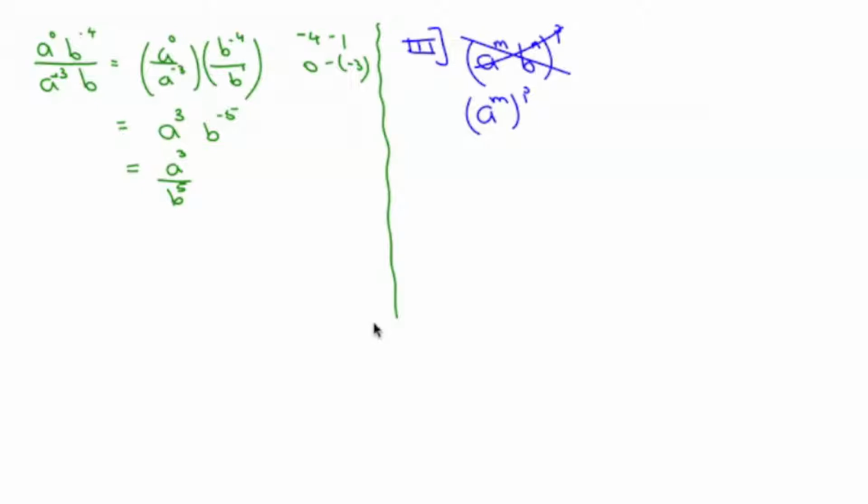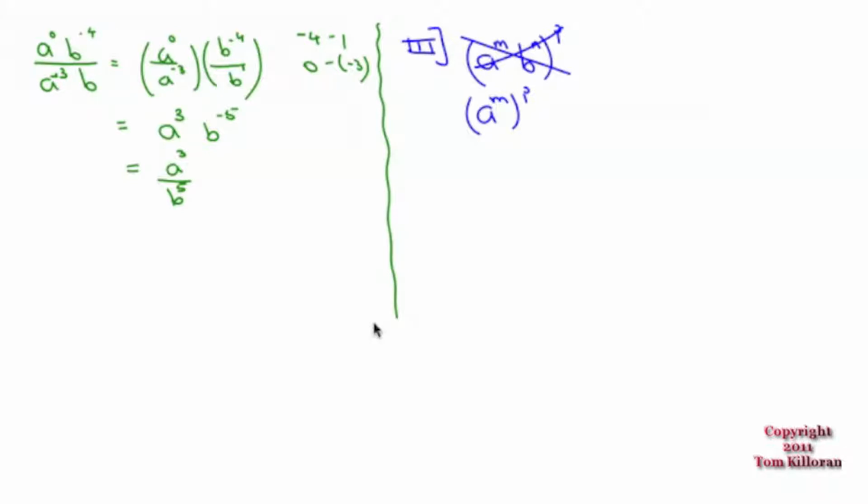You know, a to the m times a to the m times a to the m, and there'll be p of them. But the inside says that there are already m factors of a. So then you have these m factors of a times another m factors of a times another m factors of a. So if I just read it in longhand, there are p factors of m factors of a.